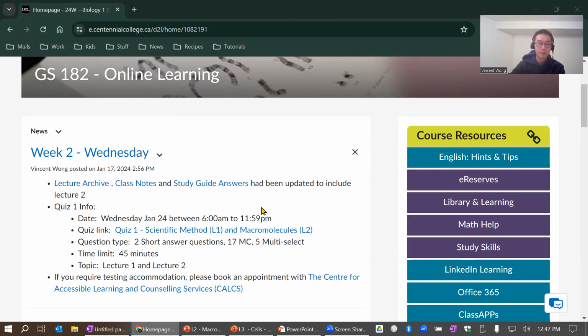The main difference, I suppose, is that once you start the quiz, the timer does not stop. Even if you turn off your computer or close the browser and come back later, the timer is not going to stop. So make sure you are in a quiet place where you won't be interrupted while you're doing the test.